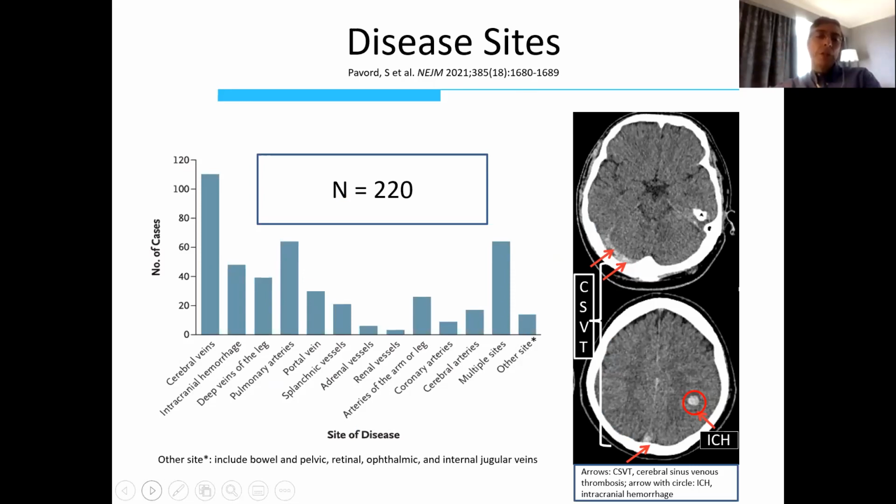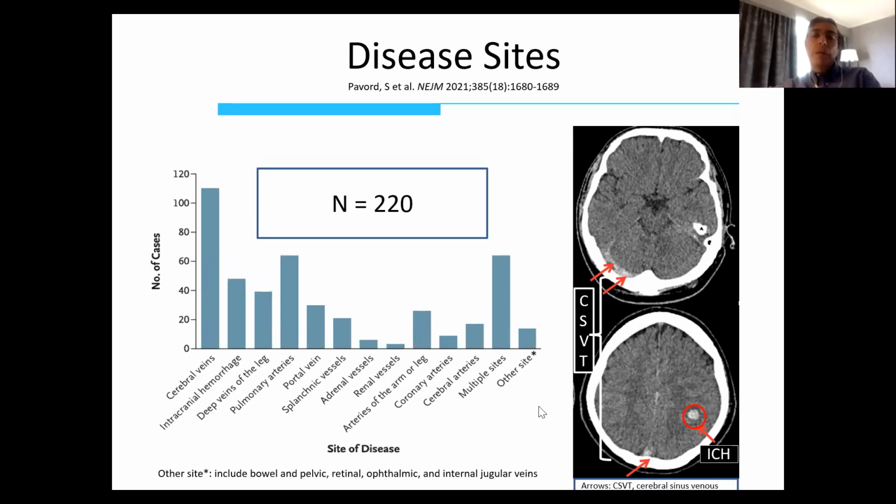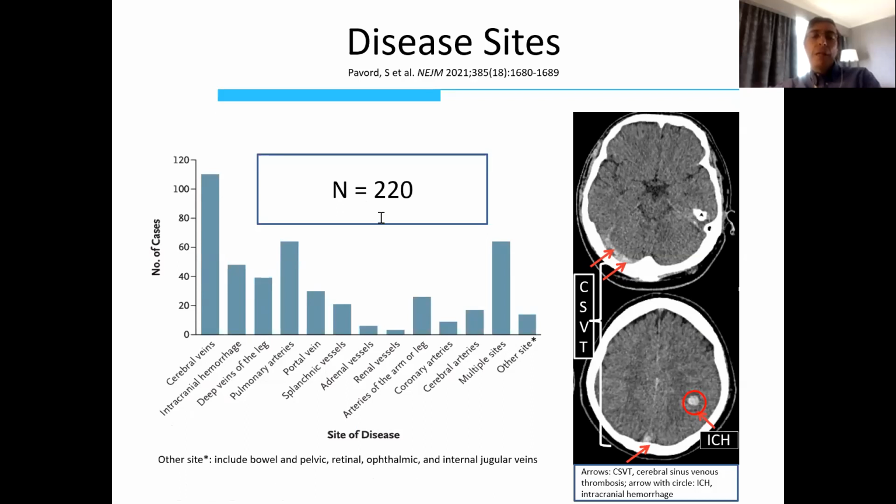Arteries, these are new arterial events, arteries of the upper or lower extremities, coronary arteries, cerebral arteries, and other sites such as bowel and pelvic, retinal, and internal jugular. On the right part, just a graphic example of the classic CSVT shown in a CT with contrast on the upper part, and the lower part accompanied by parenchymal intracranial hemorrhage. Next slide, please.